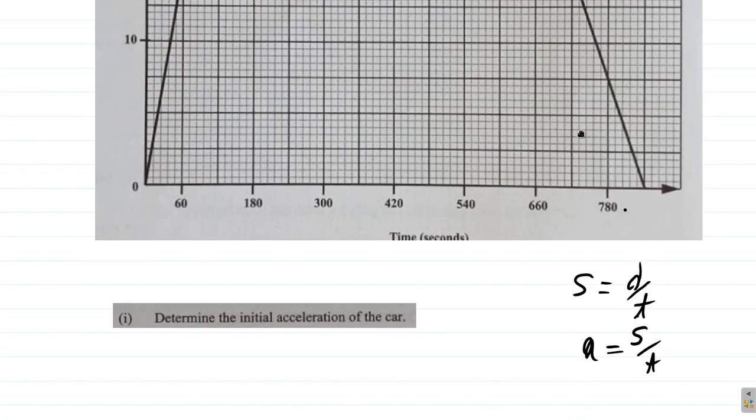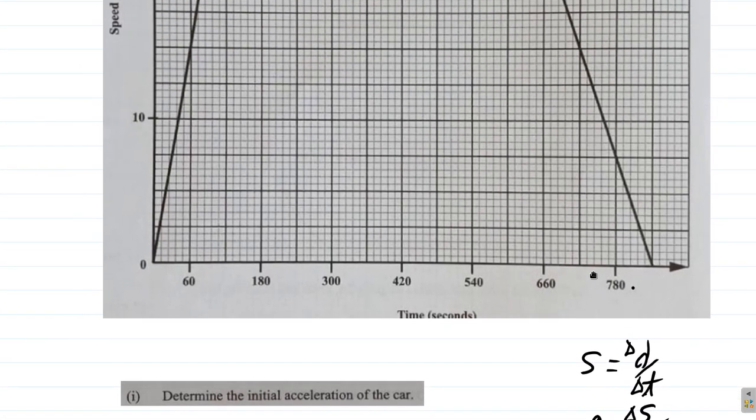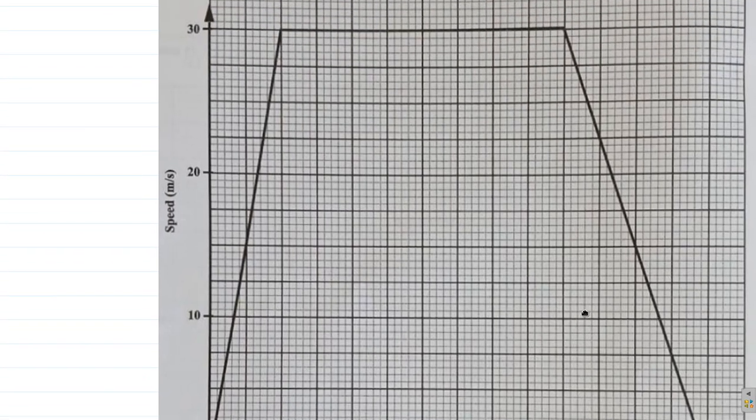If you want a change, let's put a little triangle to say delta. The acceleration is delta s over delta t.